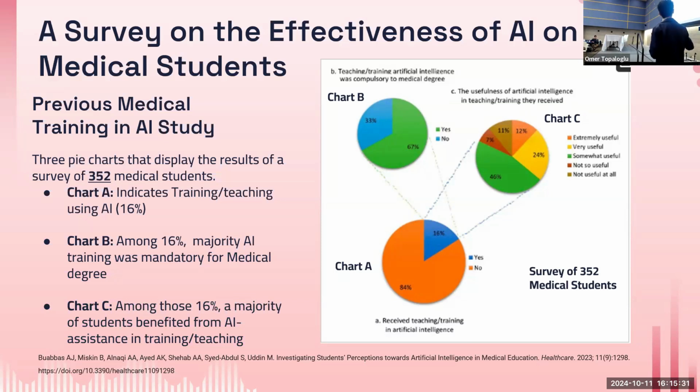And chart C highlights how a majority answered the survey with AI being beneficial to them in their training. Now this shows that AI can be very helpful for high school students and for undergraduates.